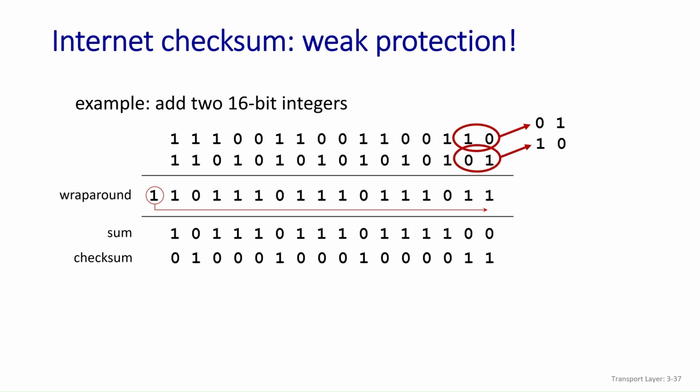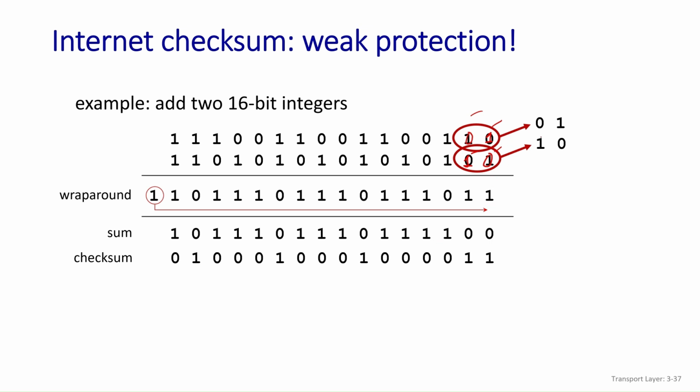For example, let's assume that these bits have changed from 1 to 0, and these from 0 to 1. So bits at the same position in two integers have changed, and this makes no difference; the sum remains the same.